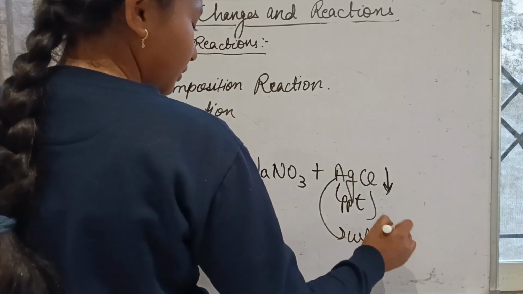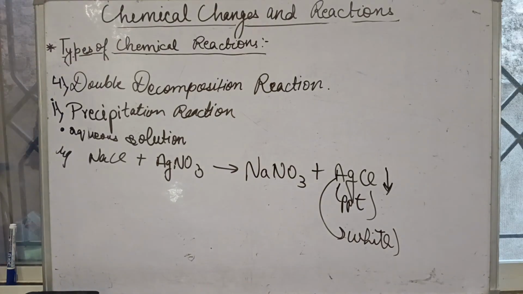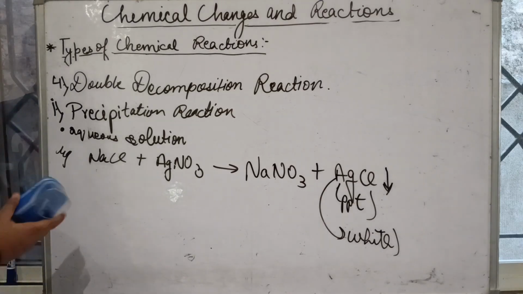White precipitate. Now the another type of double decomposition reaction is neutralization reaction. Means that in this, okay, a second.